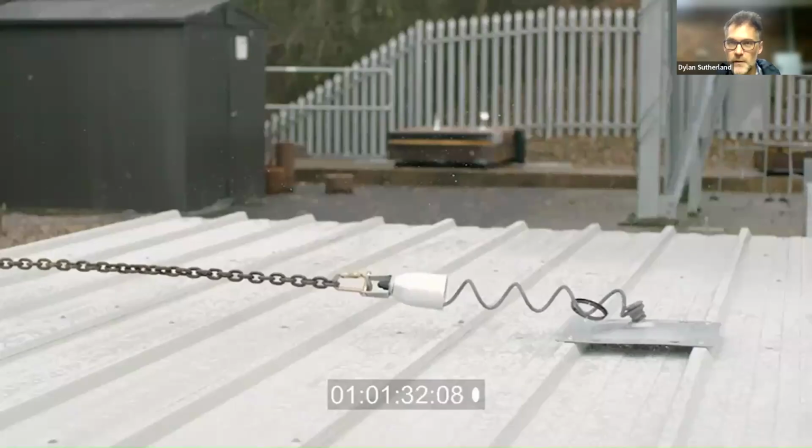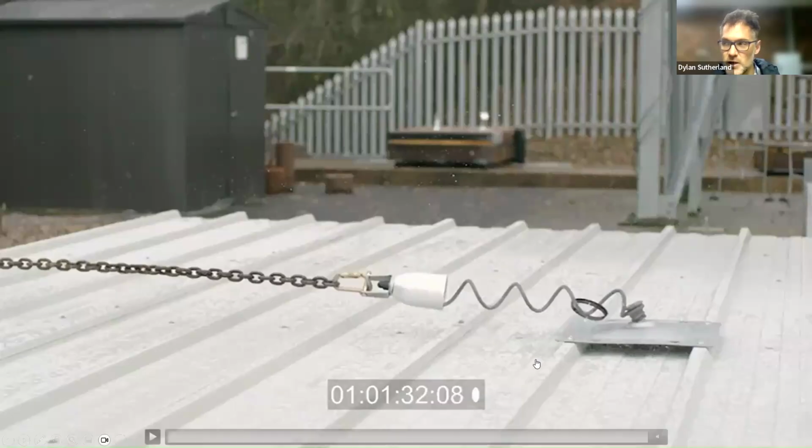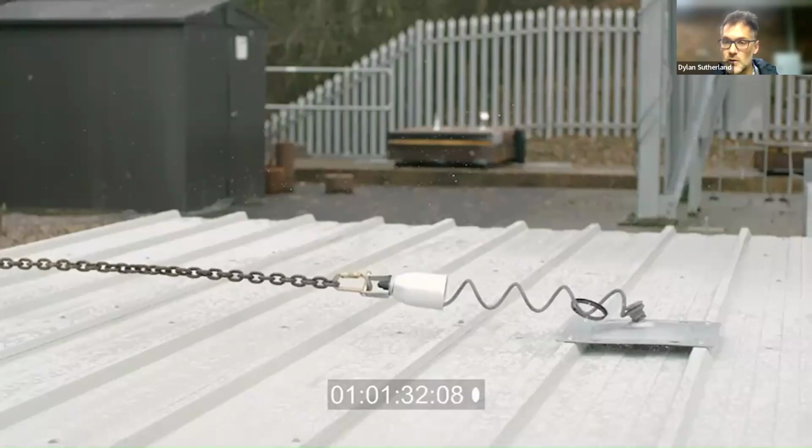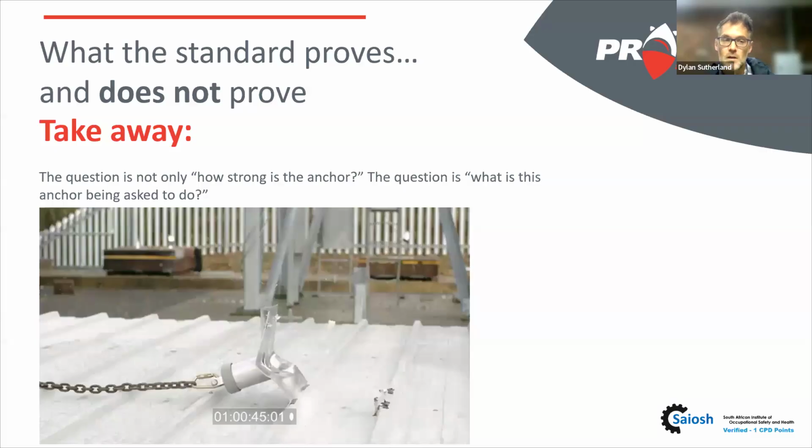Both of them probably meet the requirements of that EN 795 type 1 in this instance. However, one is fit for purpose, meaning it's designed to actually be used in this kind of situation, where the other is more designed for a different kind of structure, a structure that's solid, a structure that's actually going to withstand the forces that get transferred.